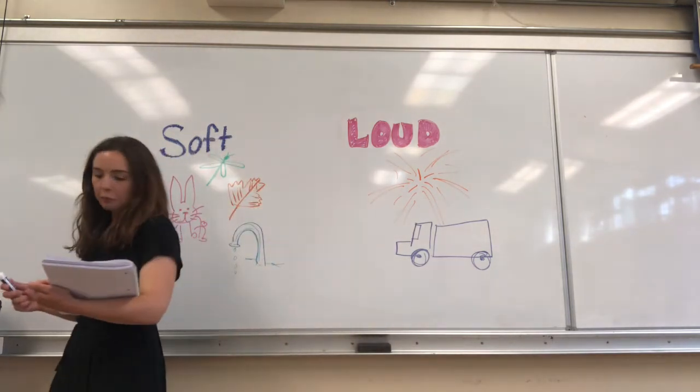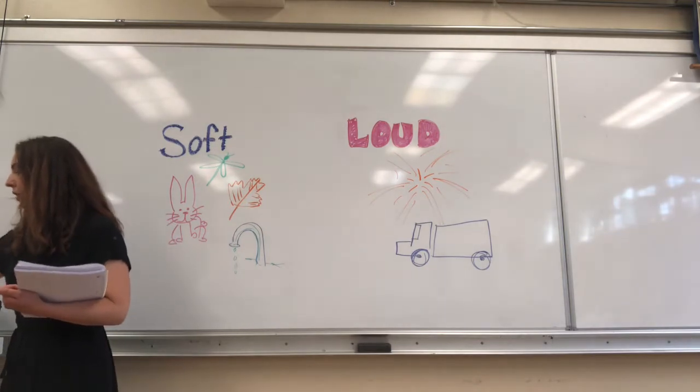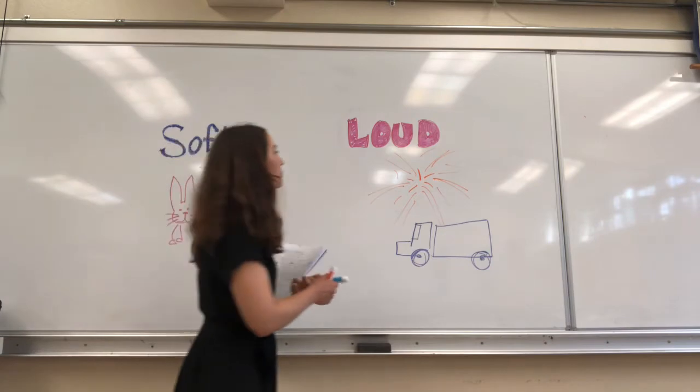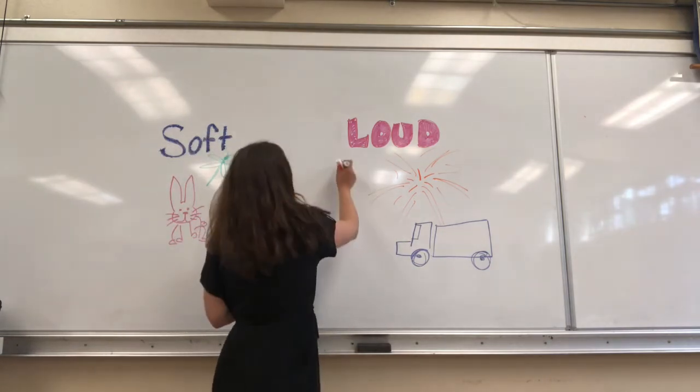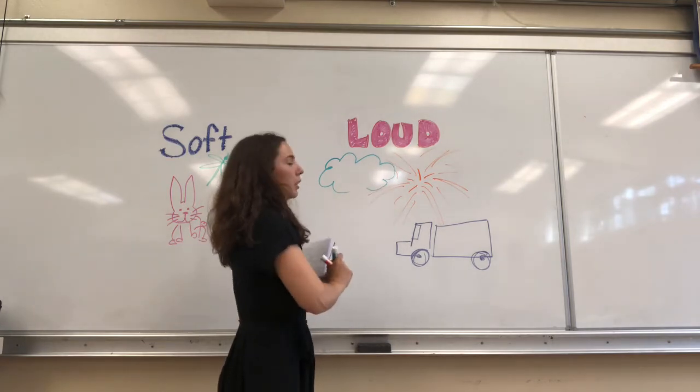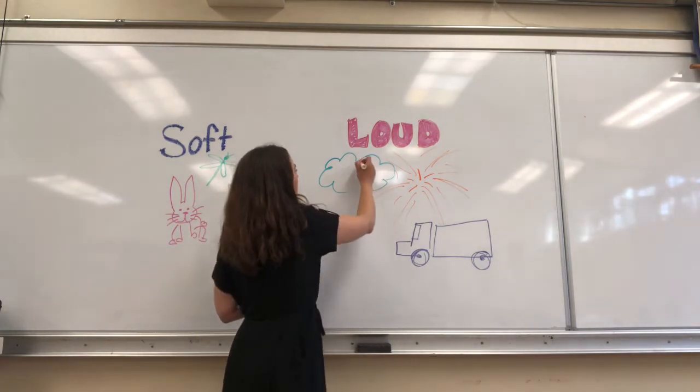Another thing might be thunder, like a thunderstorm, thunder and lightning storm. Since I can't really draw the sound thunder, I'm going to draw a cloud with a lightning bolt, and that'll be our thunder.